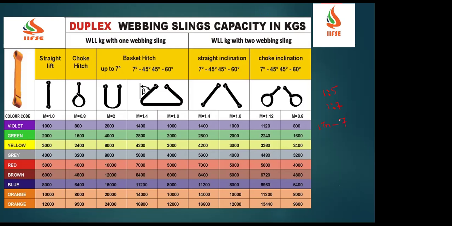They lift 7 tons using this belt. They consider the safety factor, also called the breaking point: at what stage does it break? It is tested up to 7 tons, and whenever it breaks, they keep it as the breakage point. Comparing 1:5 with 1:7, 1:7 has higher strength than 1:5.